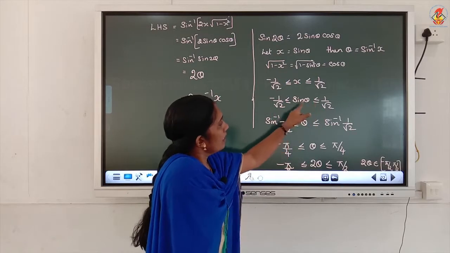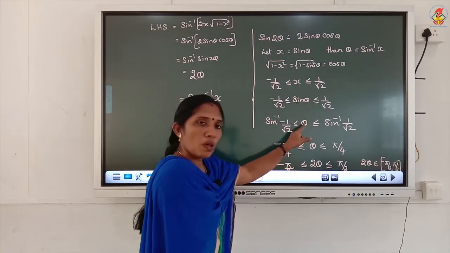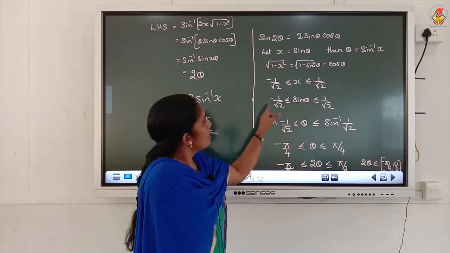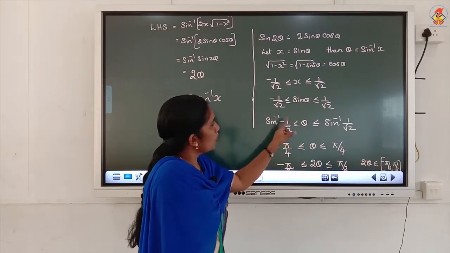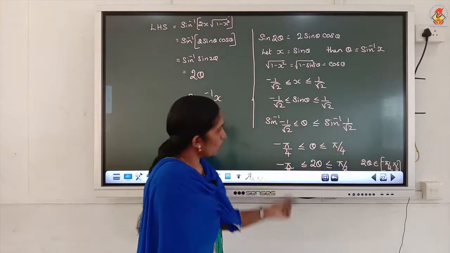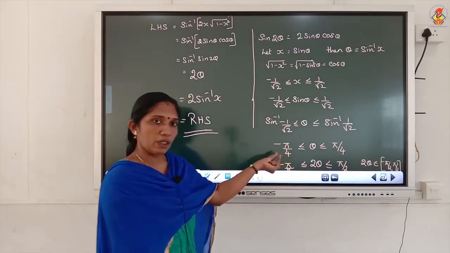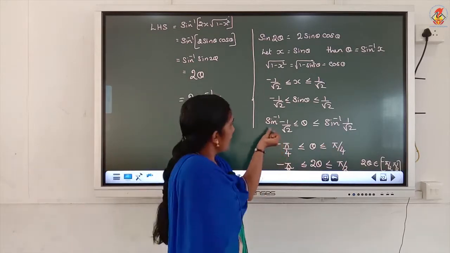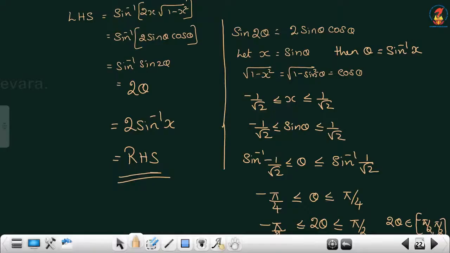Then here we need theta. So apply sine inverse. So sine inverse of minus 1 by root 2 is less than or equal to theta, less than or equal to sine inverse of 1 by root 2. And this principal value is minus pi by 4, here pi by 4.